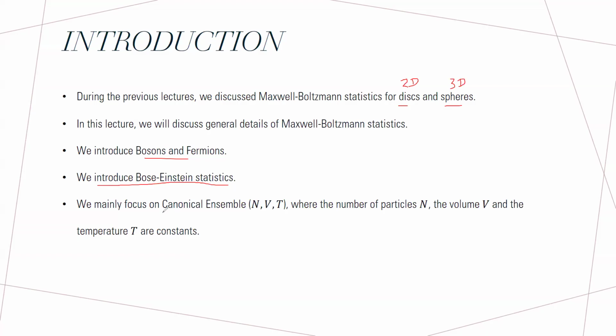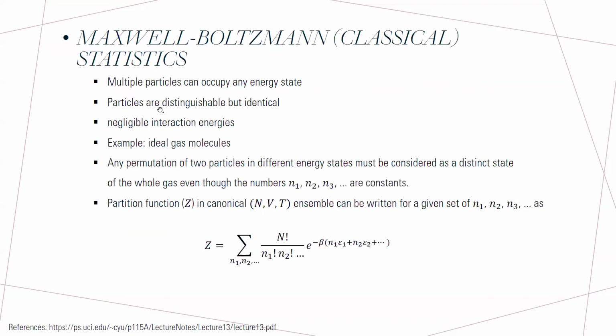We will mainly focus on the canonical ensemble, where the number of particles, the volume, and the temperature are constant. Maxwell-Boltzmann statistics is also called classical statistics.